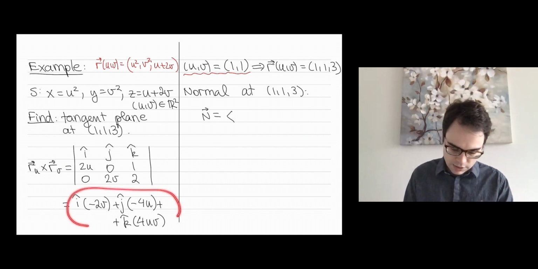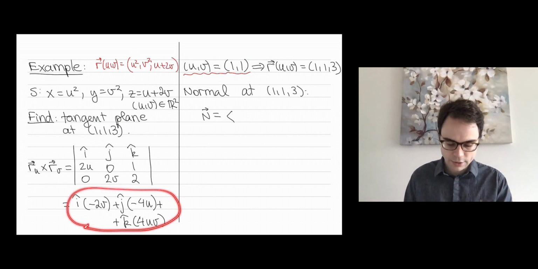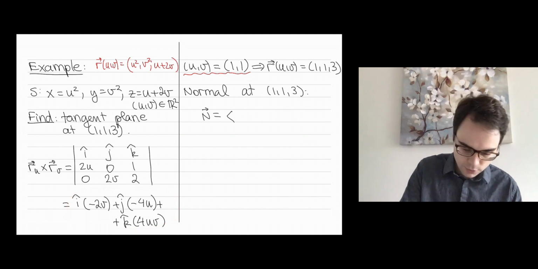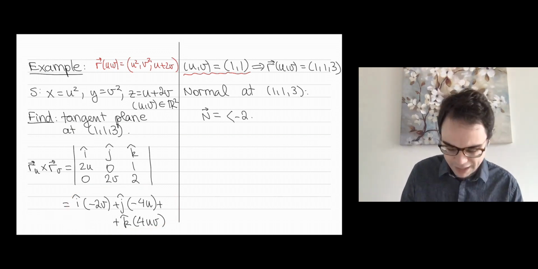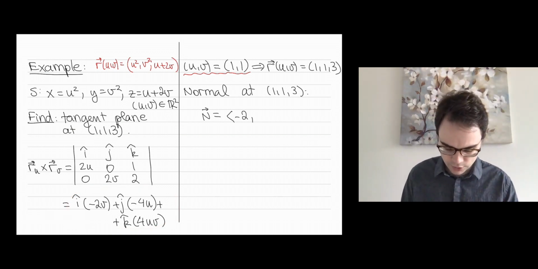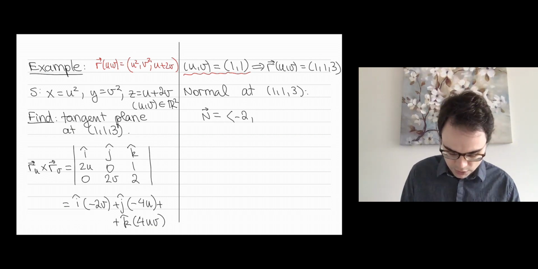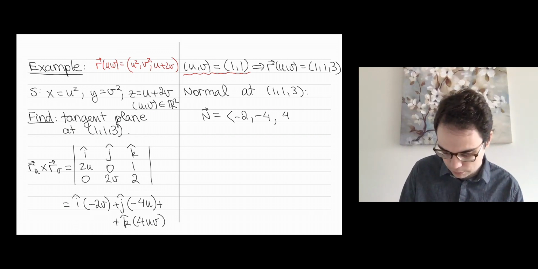It's just this expression with u and v both equal to 1. So the first component is -2, and I'm back to bracket notation instead of ijk notation. Then -4, and 4 times 1 times 1, that's 4.